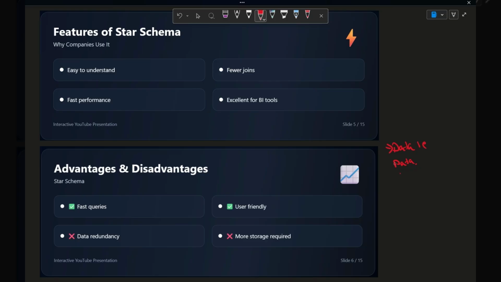And because of the data redundancy and duplication, more storage is required. So these are the drawbacks. Because we are denormalizing the data, we need to have duplicated data in the tables. That is why more storage is required in the case of star schema.